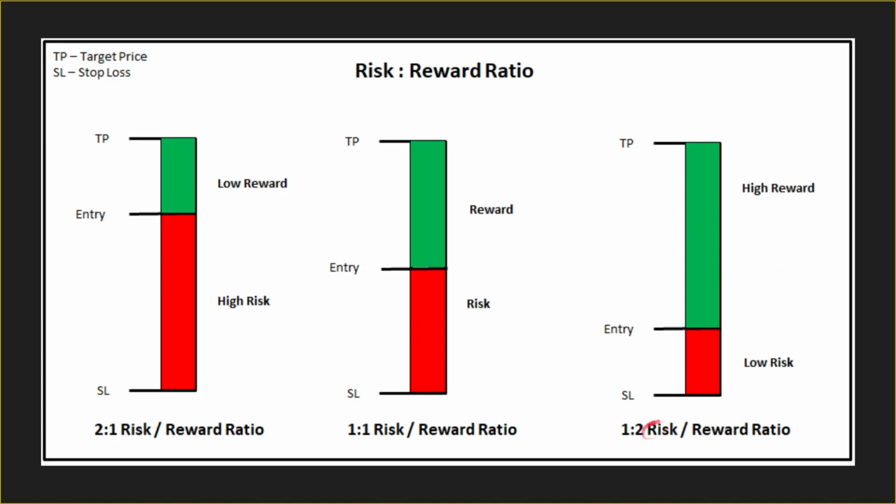So for every point of risk, we see 2 points of possible reward. Low risk, we have much more to gain, and we have our stop loss set here. So this is considered a tighter stop loss because you don't necessarily have a lot of wiggle room, right? You don't have too much room compared to your target profit.